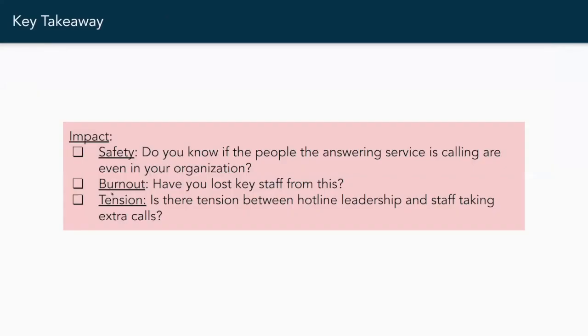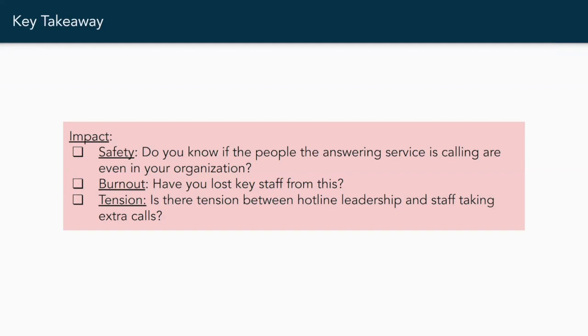And one time I was able to find this because I was the one calling in. So they called me and said, hey, I have a call for you. It's Carrie, here's their number. And I was like, that's me. So ultimately that might have an impact on safety, protecting client confidentiality.